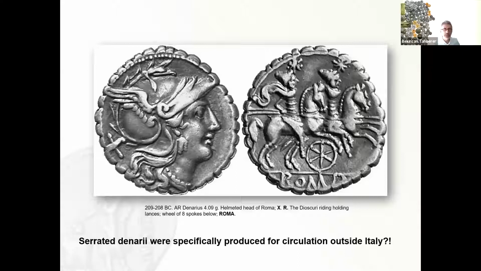So they would cast the flans, and then somebody would use a file or a chisel to chip the edges of the metal and then strike the coins.